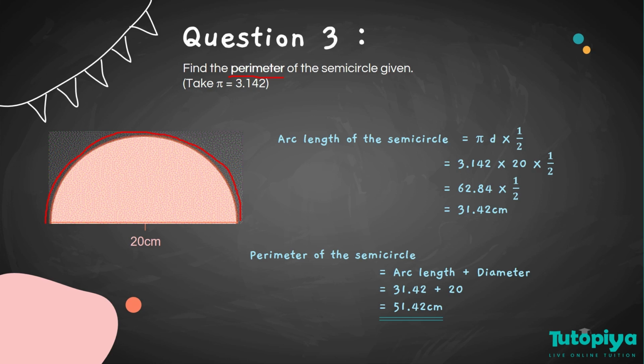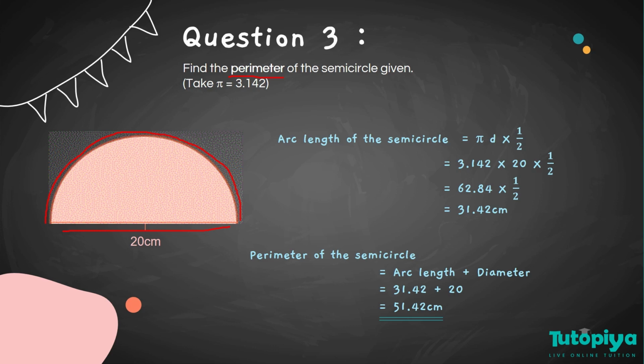So the arc length. If they ask for the perimeter, you will have to find the arc length plus the diameter given or the radius given. So here they have asked you to use pi as 3.142. Arc length of the semicircle is equal to 1 over 2 pi d.